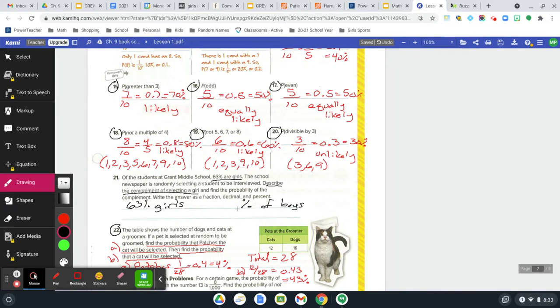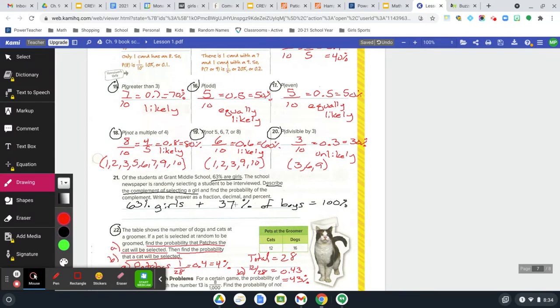So what percentage would you want to put here that you could add together and get 100%? And so think about that. What percentage of boys would that be? And so hopefully you see that if you had 37% of boys, that's the complement, because 37% plus 63% would give you 100%.